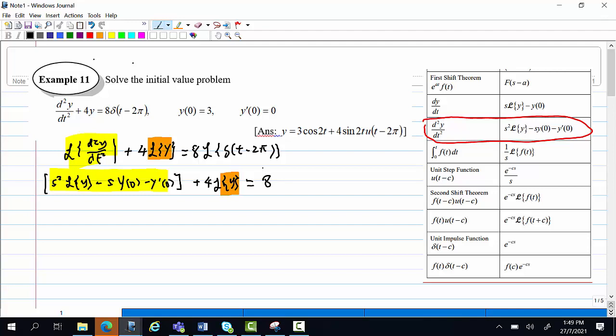What is actually over here? We get the unit impulse function e to the minus cs, where c is equal to 2π now. So this is e to the power minus 2π times s, right?